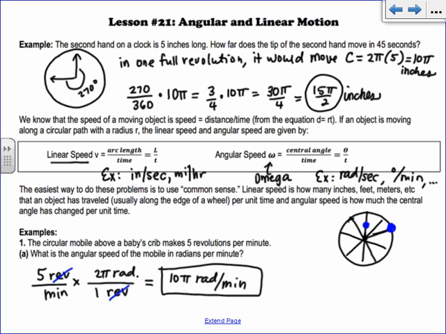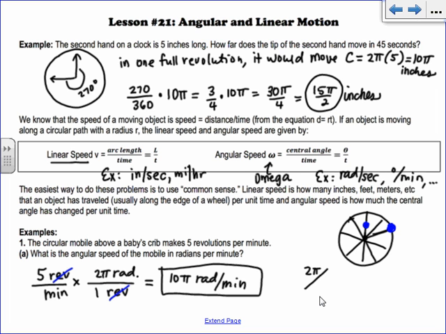Basically what we did there is we did the formula. We just did the conversions. We took our central angle, which is 2 pi radians, and divided by our time. See how it gets kind of tricky? If I have 5 revolutions per minute, how long does it take for 1 revolution? 12 seconds.